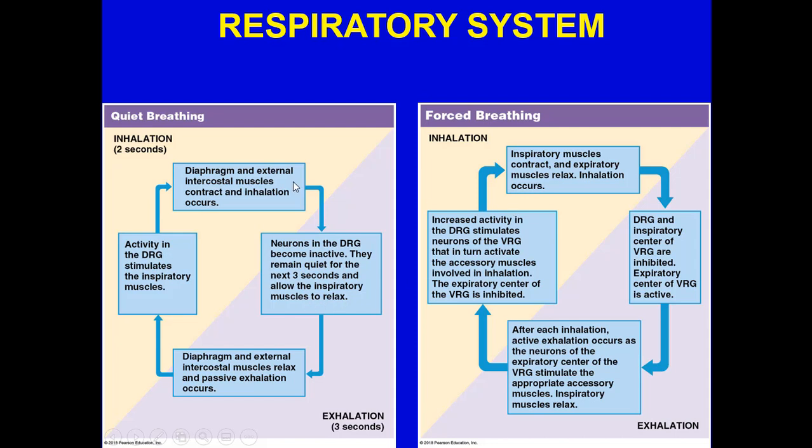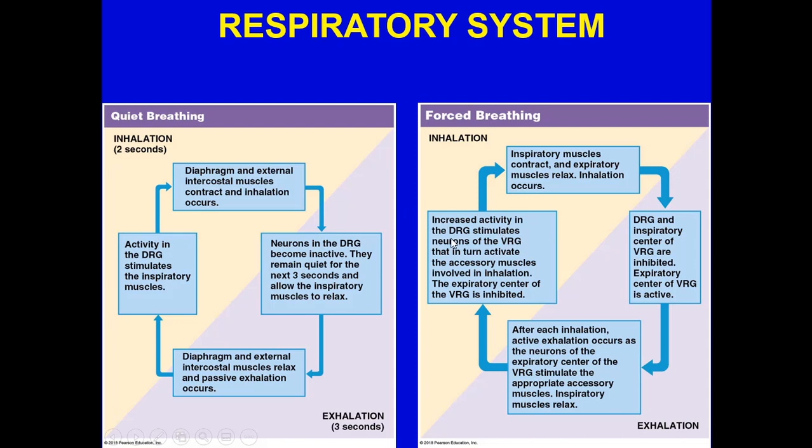Okay, that's inhalation. Forced breathing, though, and remember we talked about what muscles play a role there. Let's start here. After each inhalation, active exhalation occurs as the neurons of the expiratory center of the VRG stimulate appropriate accessory muscles. Inspiratory muscles relax.